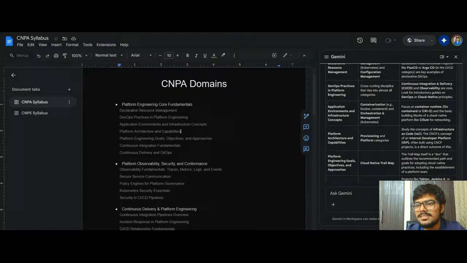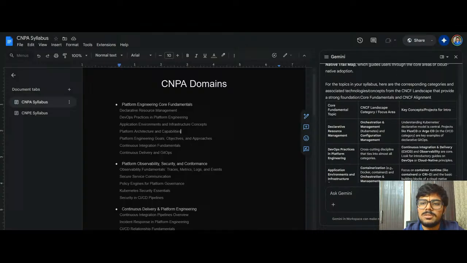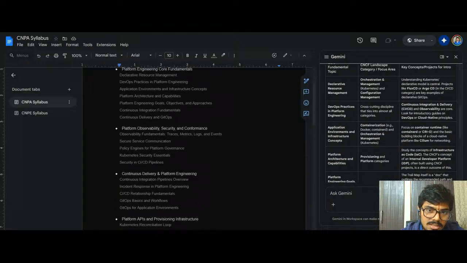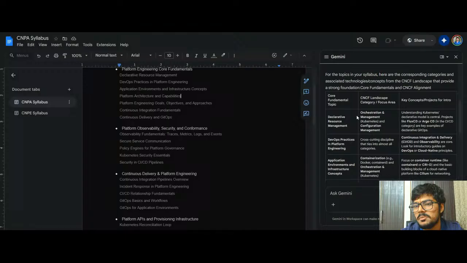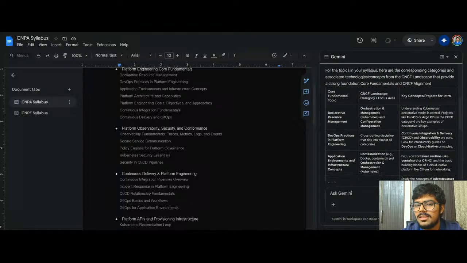Obviously, they are considered inside the core functionalities, so you can't consider them as separate topics. You might consider security and conformance, observability fundamentals, and traces, metrics, logs, and events. If someone doesn't know as much about these topics, then they can be considered separate topics. Other than that, if you're a DevOps engineer or a software engineer who holds some knowledge about the whole development process, then it won't be a huge problem for you.